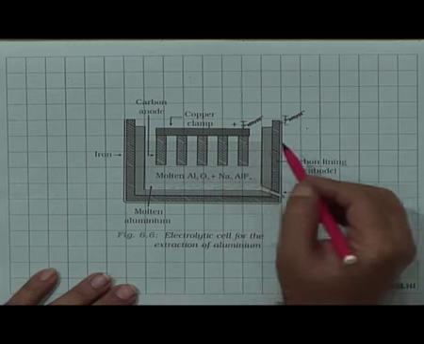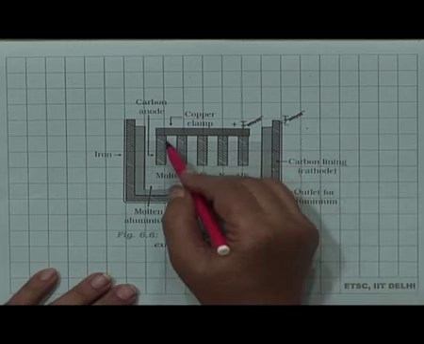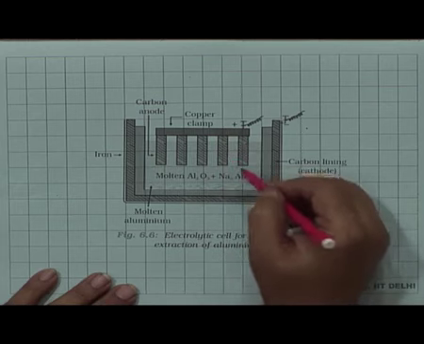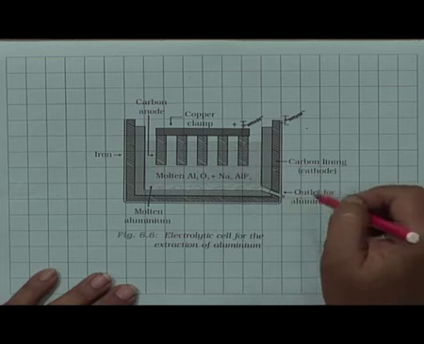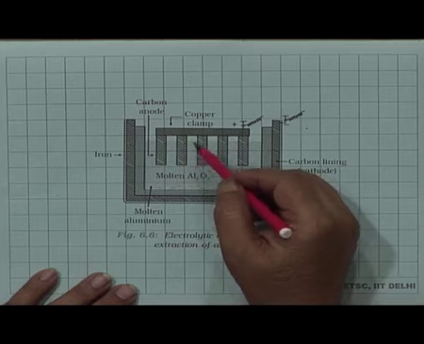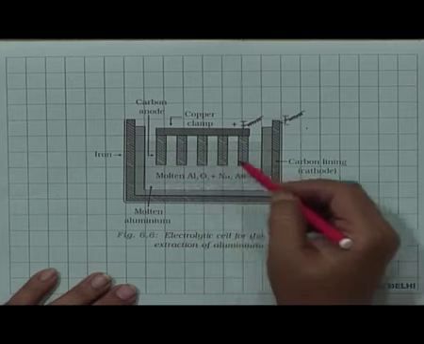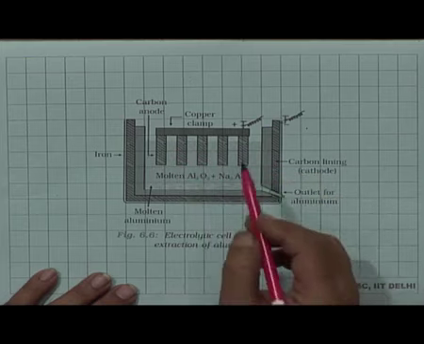Now, we have the anode, which is made of graphite. Graphite is carbon, so a carbon anode is there.